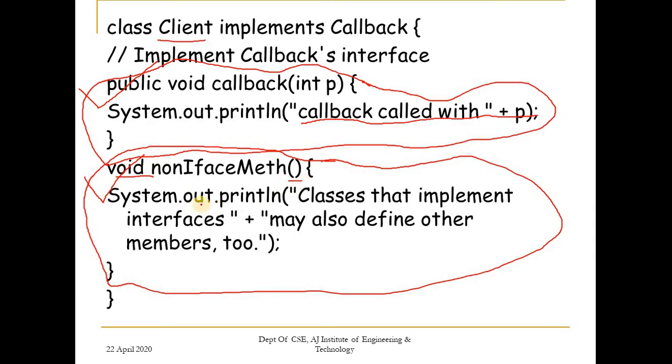It is just going to display "Classes that implement interfaces may also define other members too." So this is an example where the class Client will implement a method of the interface as well as define its own methods.